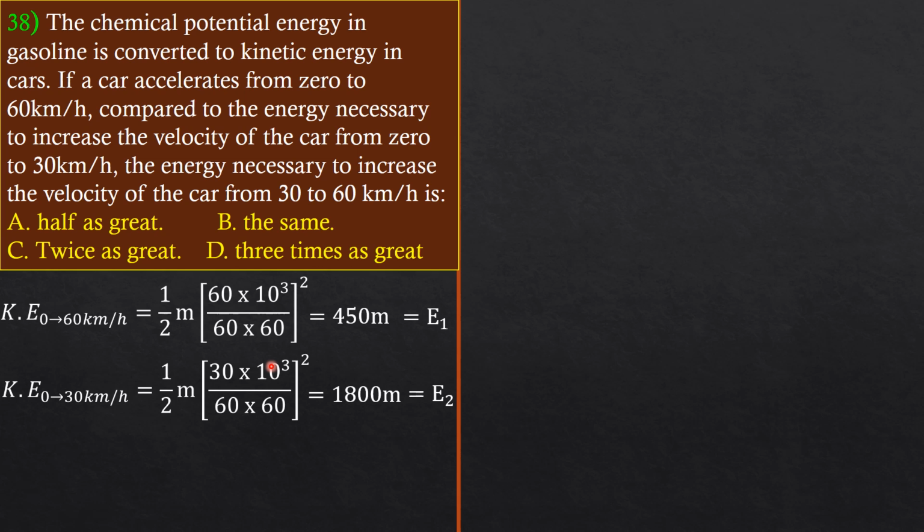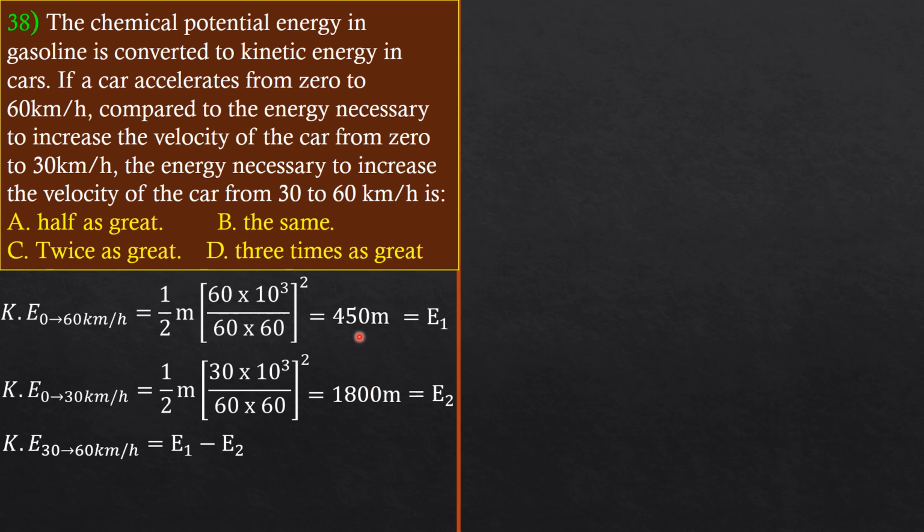Okay, now the energy that is necessary to increase the velocity of the car from 30 to 60 has to be given as the difference between E1 and E2. Sorry, not E1 minus E2, because it will give us a negative answer. It has to be E2 minus E1.